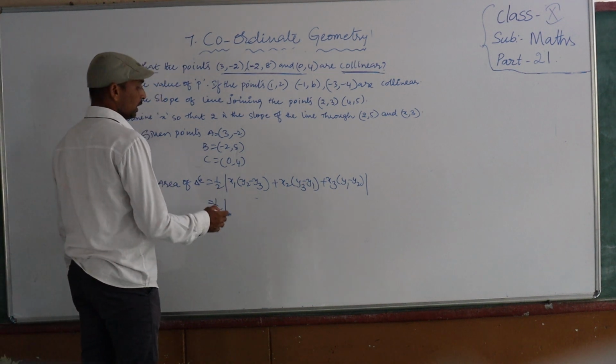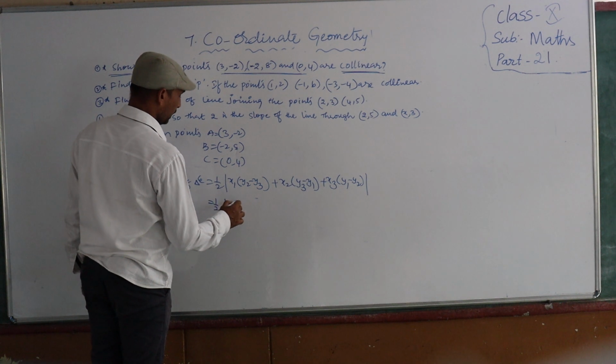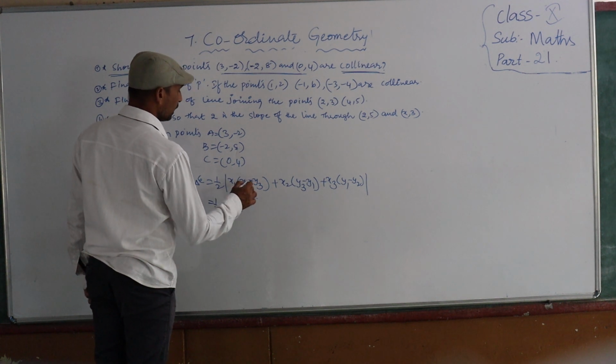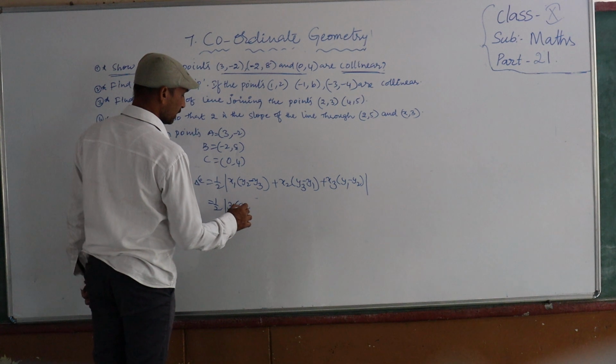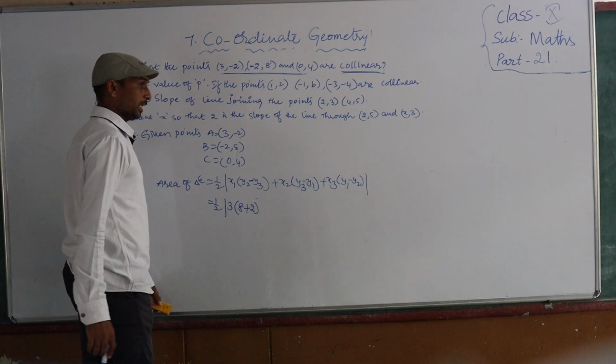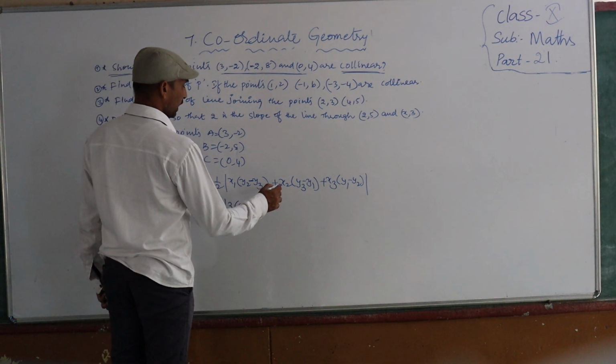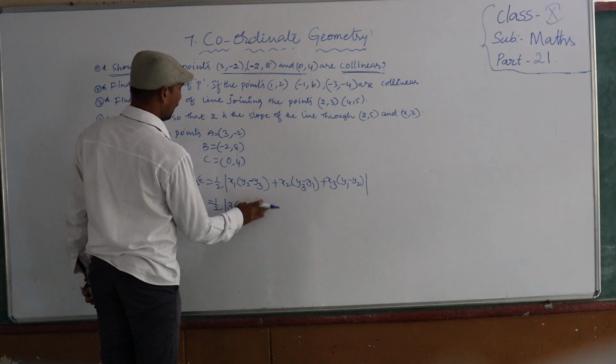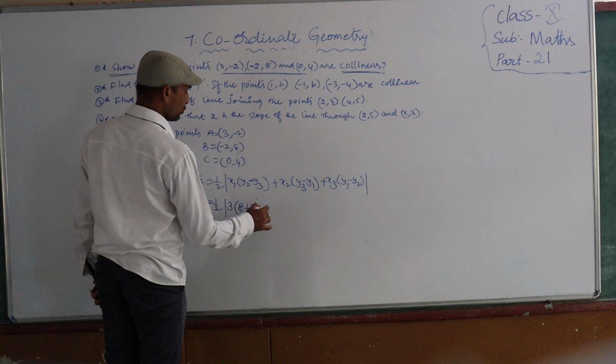Half of mod, x1 is 3 into (8 - (-4)), so plus 12 directly I am taking. Then plus x2, what is the x2 value? Minus 2.